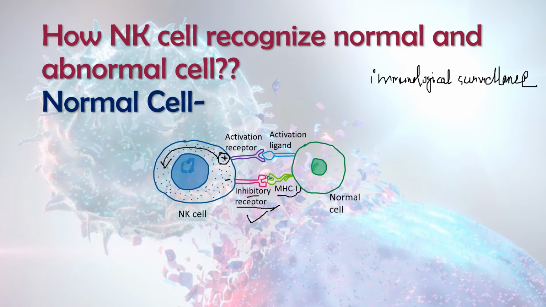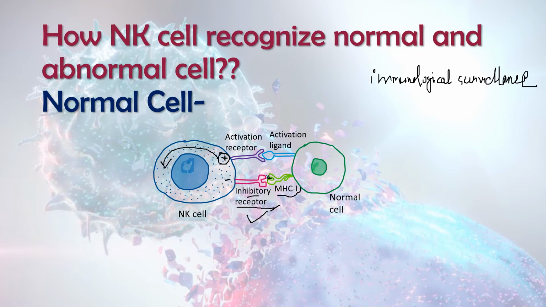Basically, what is the function of the MHC1 molecule? They present antigens on their surface to other cells. So this time the MHC1 displays normal self protein. As this is a normal cell, the proteins or antigens that it displays are self proteins or self antigens.